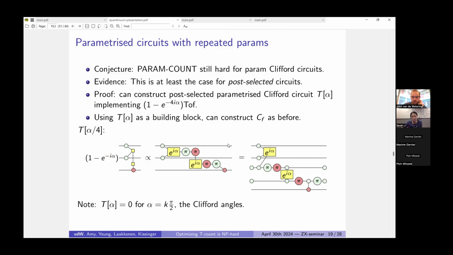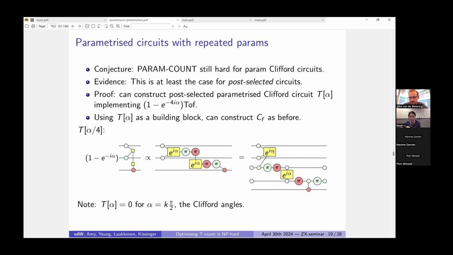And we can check that it's actually proportional to the following diagram, which is the following post-selected circuit. So here we have some ancillas, and here we have some post-selections. And then here we have a controlled alpha phase gate and another controlled alpha phase gate.